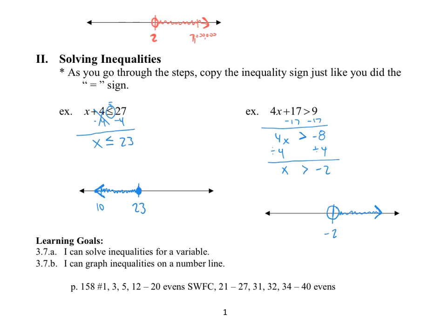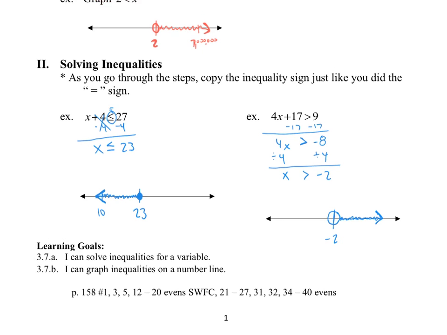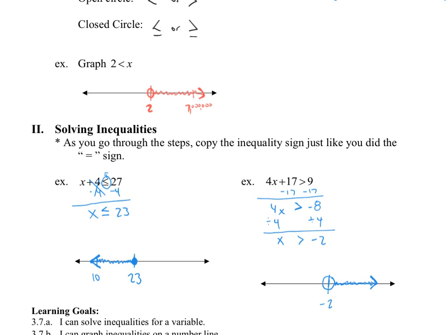So x is bigger than negative 2. Wait, I have a question. Open is to the left though. Is it true that whatever way it's pointing you shade? Only if the x is on the left side of the symbol. Look at this example right here.